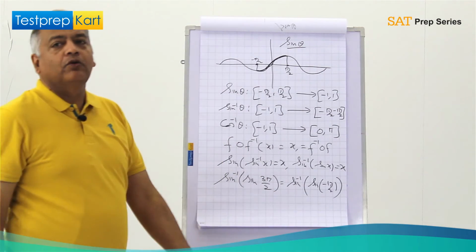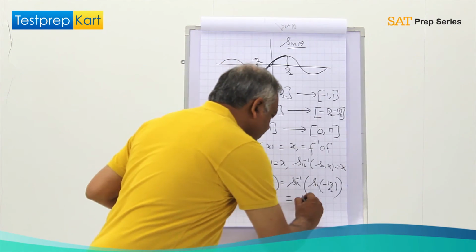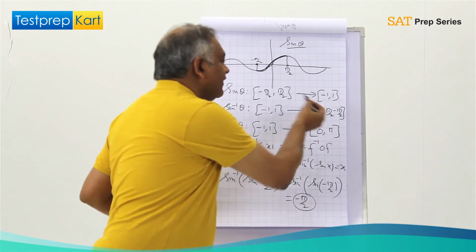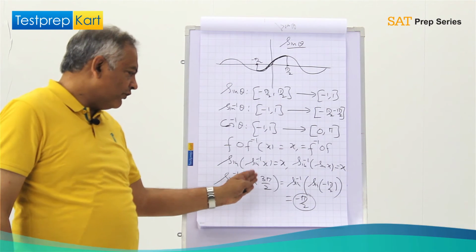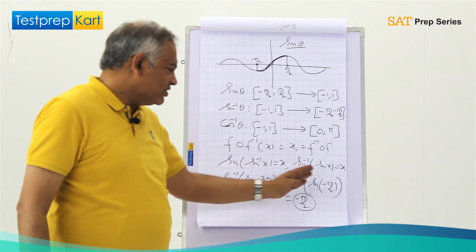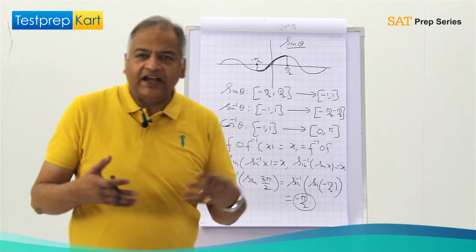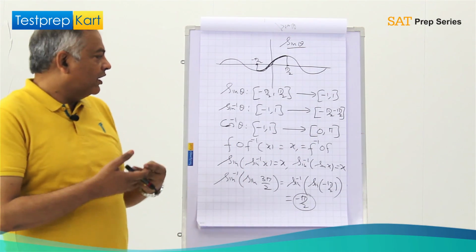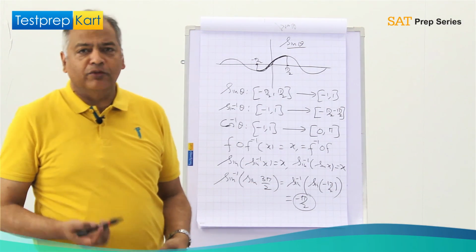Same thing. Okay. What is the advantage here? Because sine inverse sine I will write down as negative pi by 2, which is well within the range of the sine inverse function. So what you do is you transform this value in such a way that the value is always inside or on the range of the inverse function, whether it's sine inverse or cos inverse or other trigonometric functions.